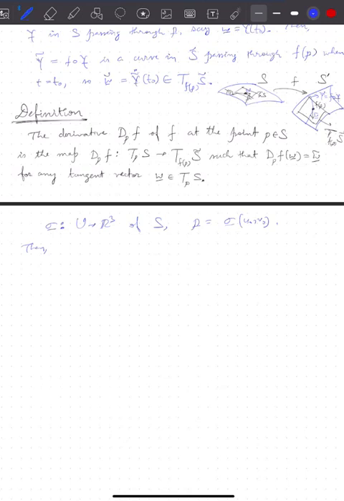Then let alpha, beta be smooth functions on U such that f of sigma vector of u, v is equal to sigma tilde vector of alpha of u, v comma beta of u, v, right?